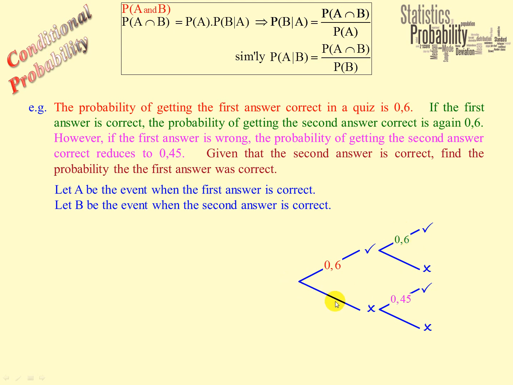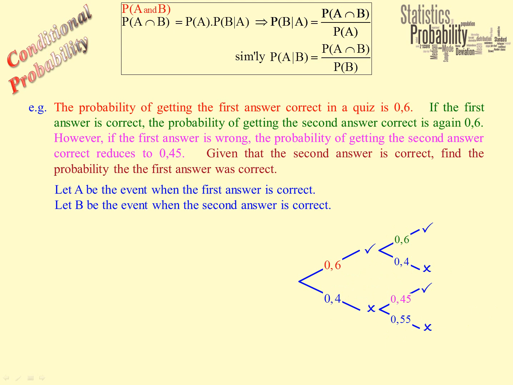However, if the first answer is wrong, the probability of getting the second answer correct is 0.45. That's the conditional probability of second answer correct given first wrong. Now we can just complete our tree diagram. Remember, add to 1, add to 1, add to 1.